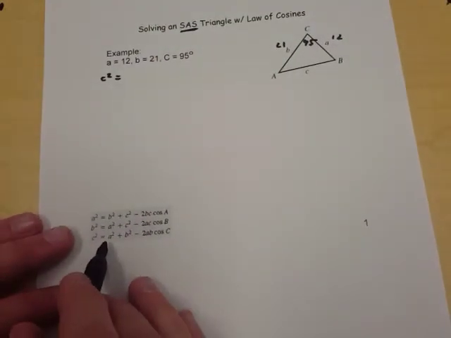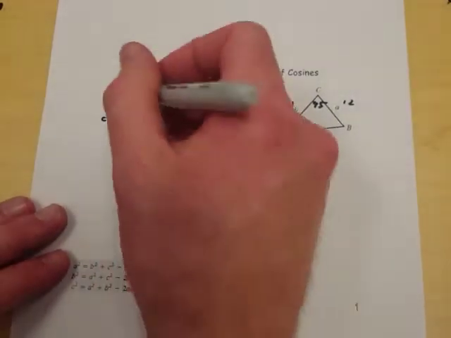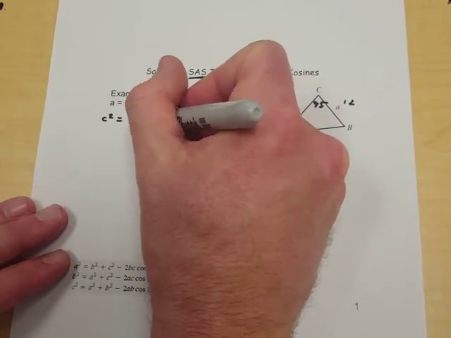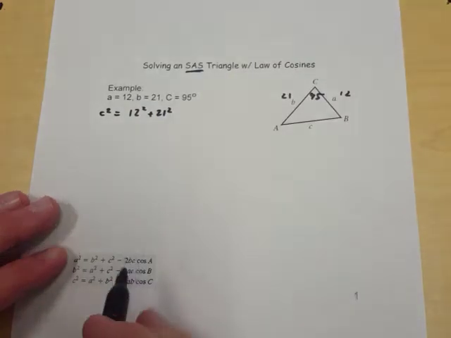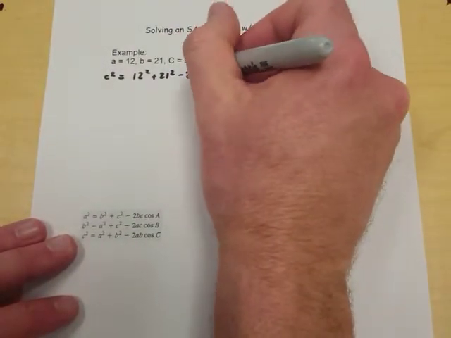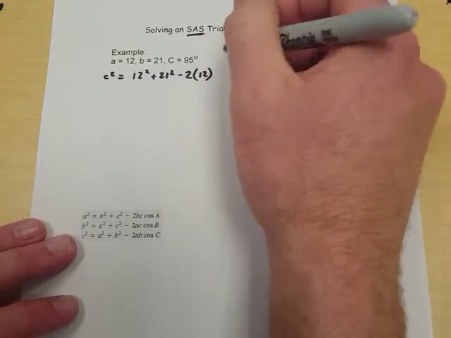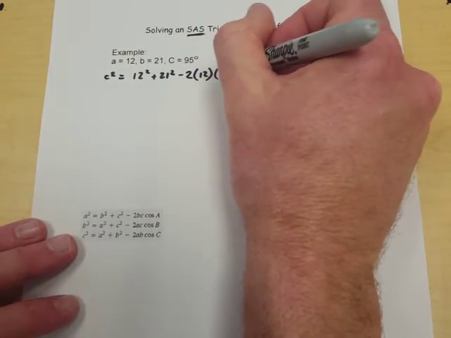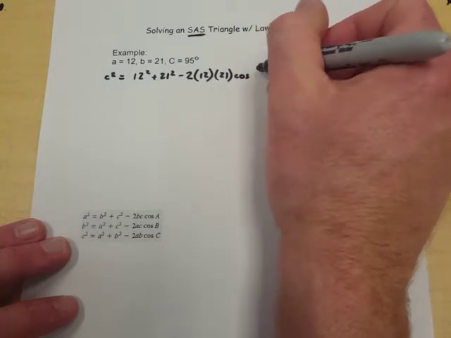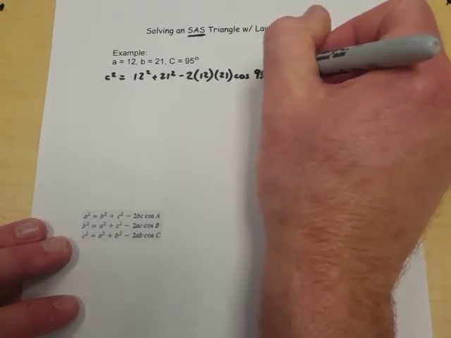And then we want to go a squared plus b squared to start. So that's 12 squared plus 21 squared. Then minus 2 times a times b. And then times the cosine of c, 95.